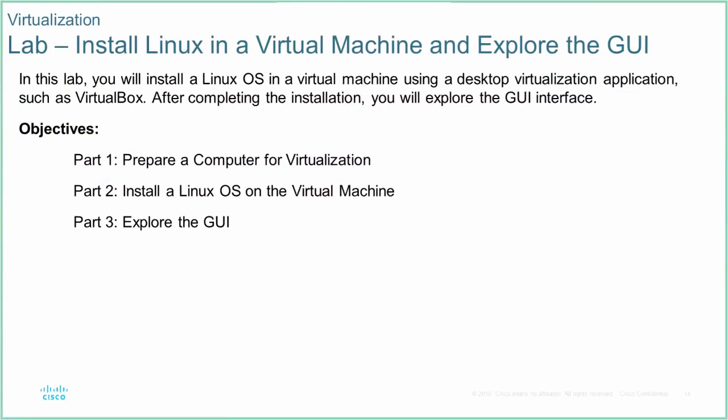Excuse me. So the next part of that is exploring the GUI on Linux. Now, it's been a long time since I've played with Linux, and I've not installed the Kali version of Linux before, so it'll be a learning exercise for me as well.